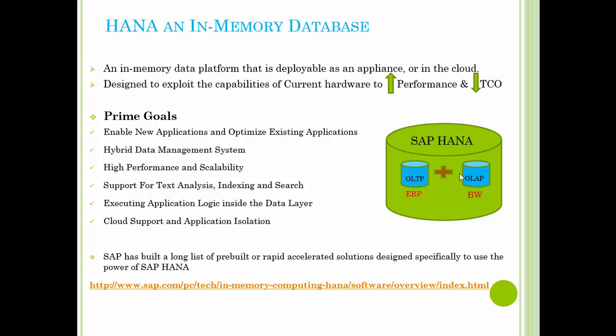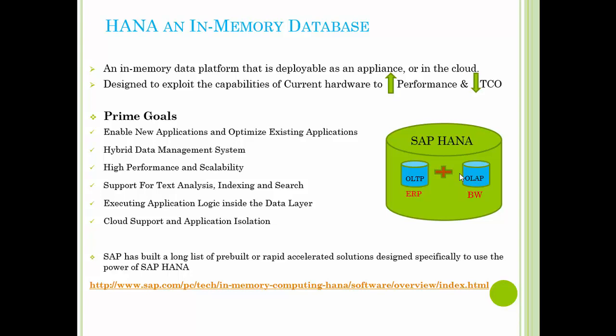So basically, in simple words, with the use of traditional databases, there was a need to have SAP ERP and SAP BW databases. That is SAP ERP for OLTP transactions and SAP BW for OLAP transactions, where OLTP referred to operational transactions and OLAP referred to analytical transactions.